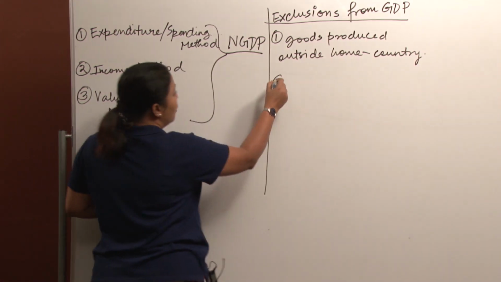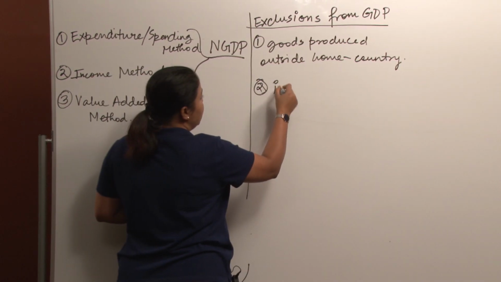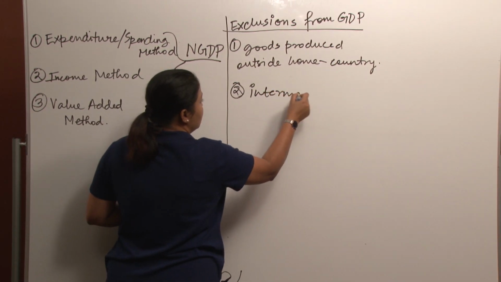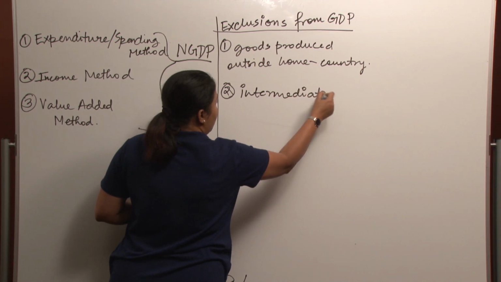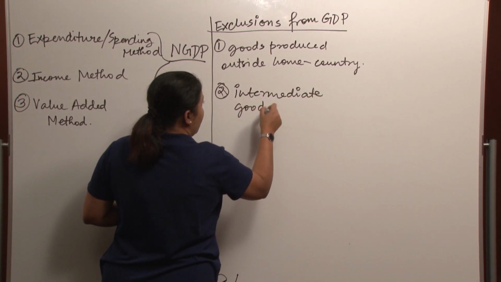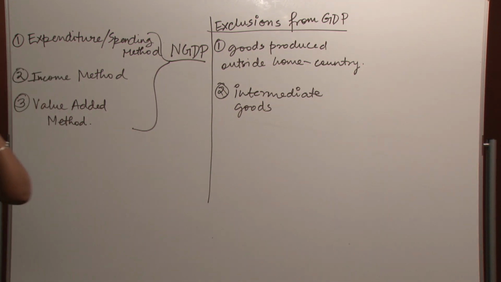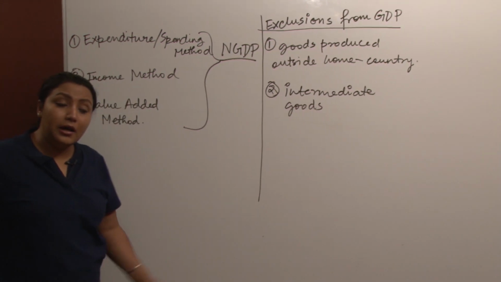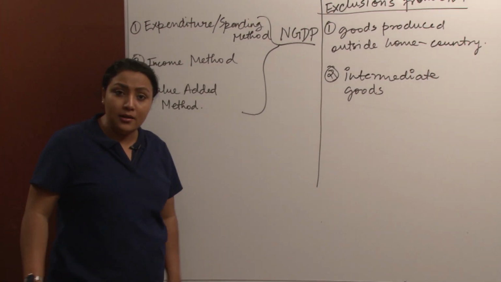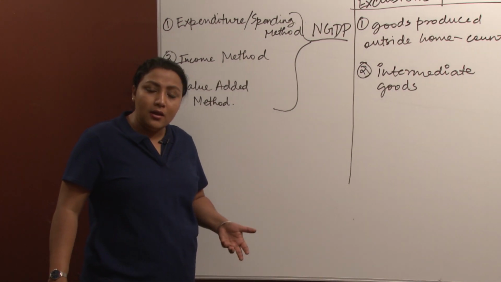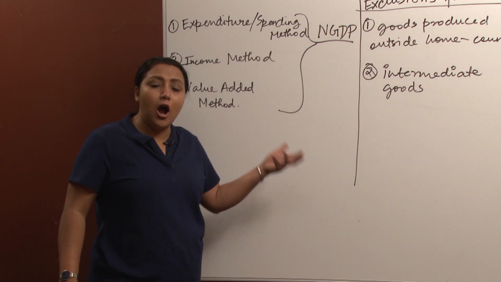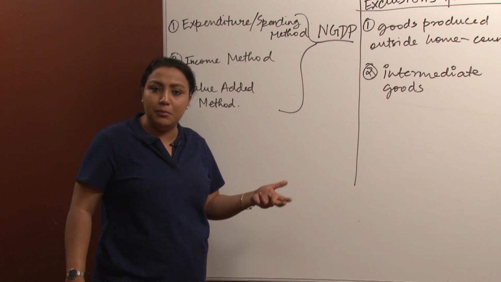Secondly, any good that is intermediate. So, intermediate goods get excluded from GDP. For example, the same example of bread. If you are talking about bread, then in case of bread, the flour does not get included in GDP, right.